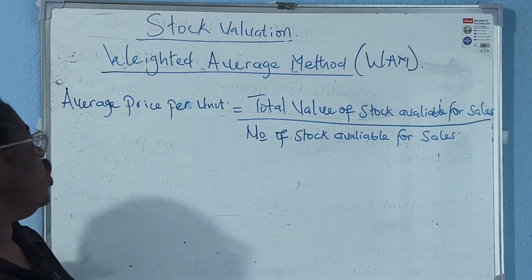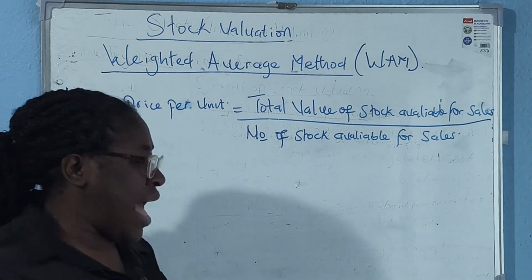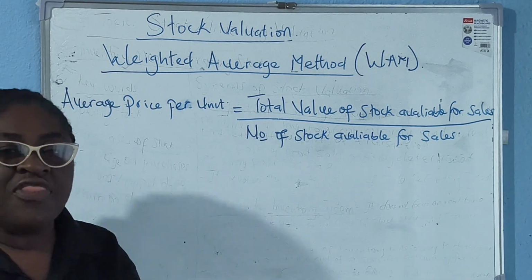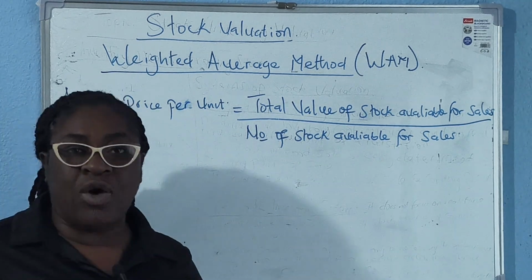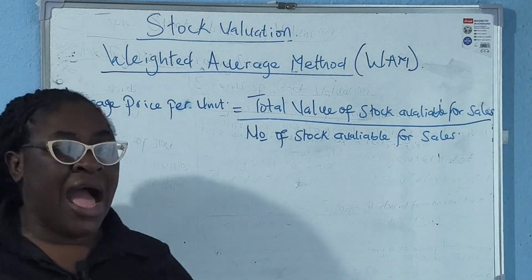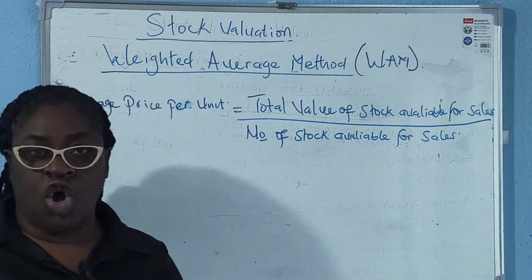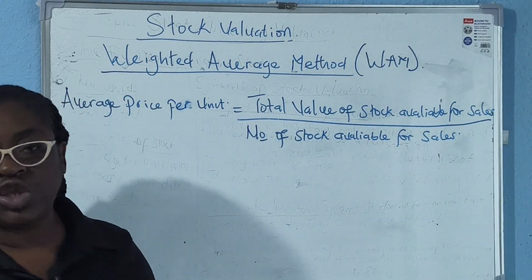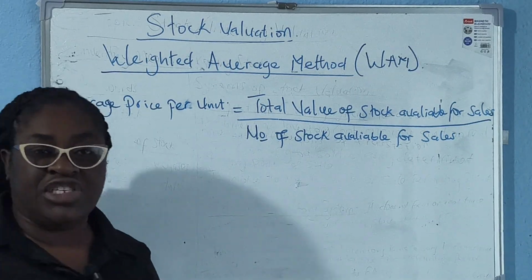That will give you your average price per unit. And then once you get your average price per unit, you can multiply that amount with the number of your closing stock for you to get your value of closing stock using the weighted average method.